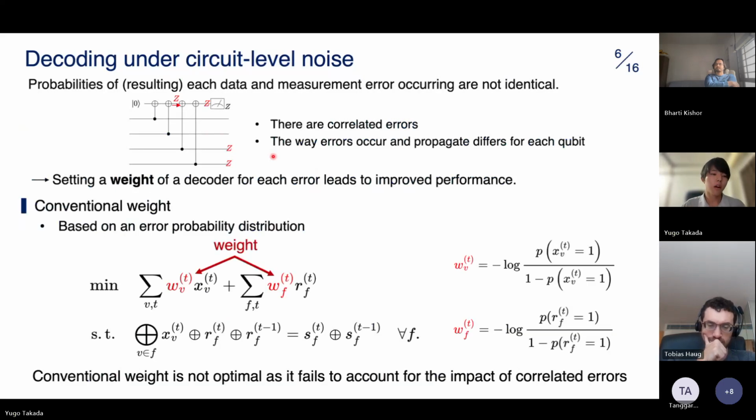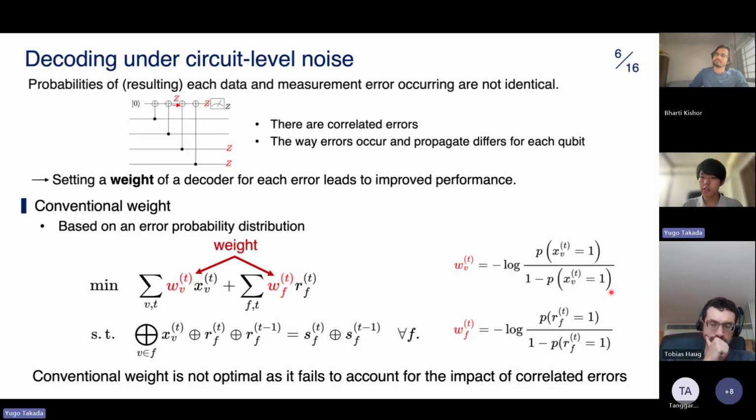In the conventional way of setting a weight, the weight is defined based on the error probability distribution. The weight is the coefficient of the variable corresponding to data and measurement errors, and it is defined as minus log of p over 1 minus p, where p is the error probability.